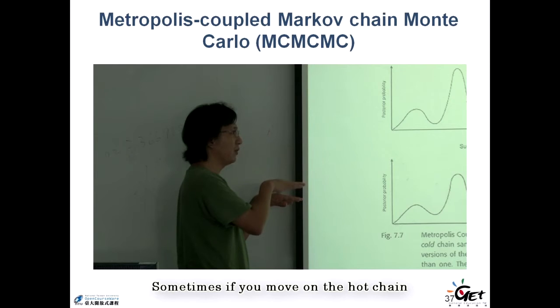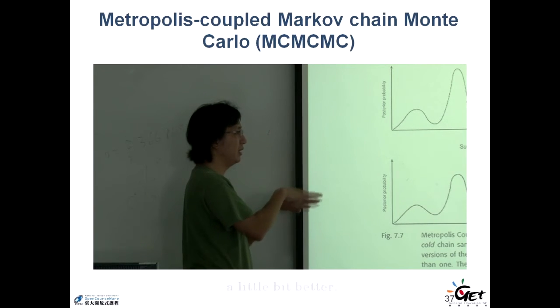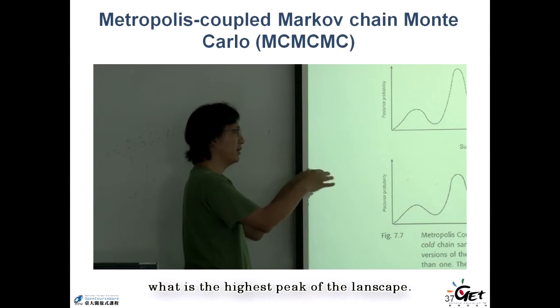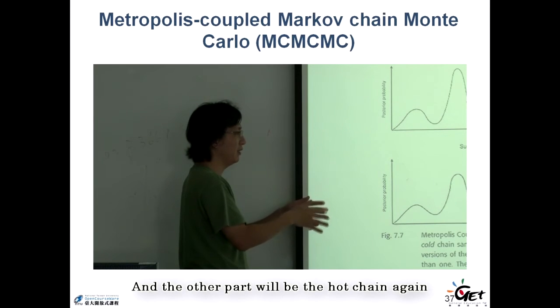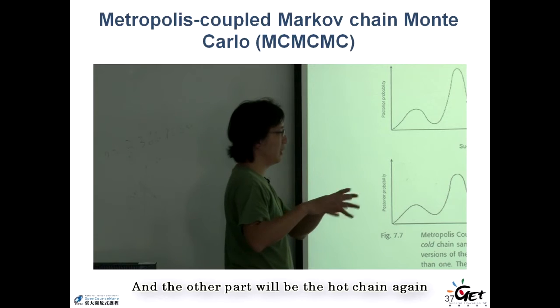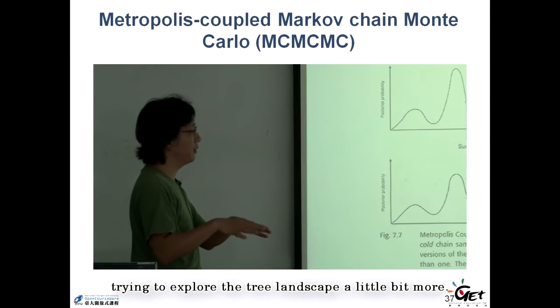Sometimes if you move on to a hot chain, then you can explore the tree landscape a little bit better, and it will become the cold chain and try to figure out the highest peak of the landscape. And that one will be the new cold chain. Then the other one will be the hot chain again, trying to explore the tree landscape a little bit more.